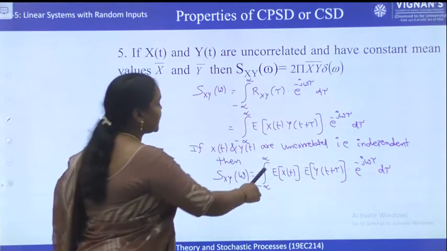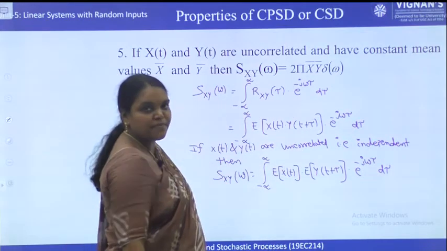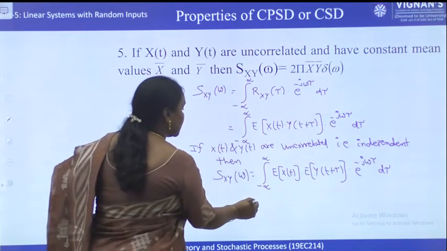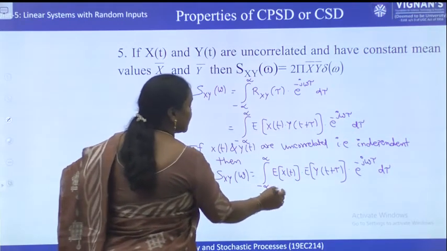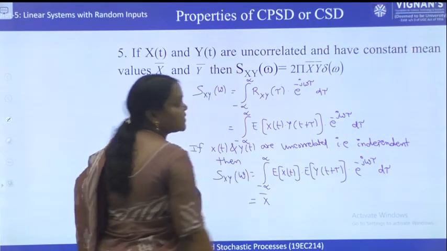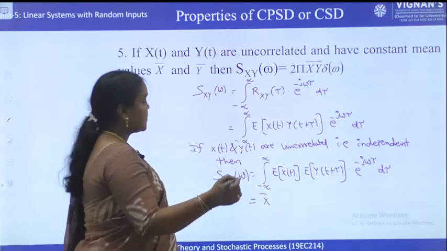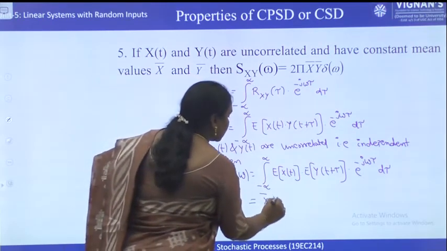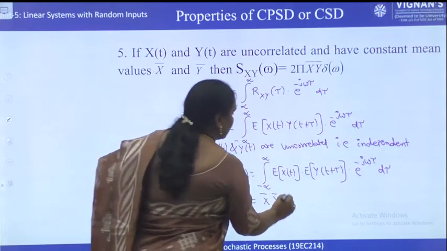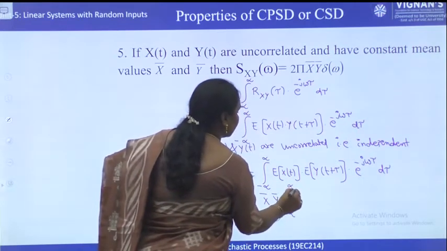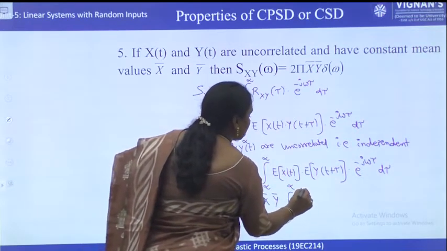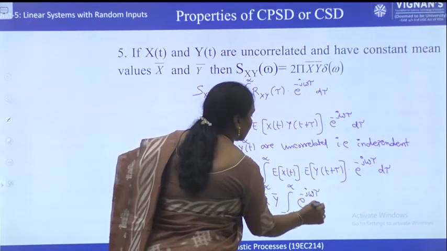And what is expectation of x of t? It is the mean value of x of t, that is x bar. And what is expectation of y of t plus tau? It is the mean value of y of t, so it is y bar into integral minus infinity to infinity e power minus j omega tau d tau.